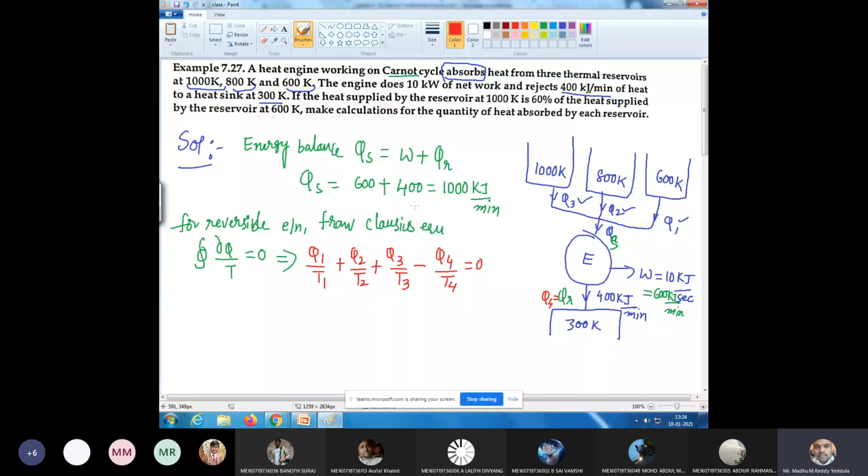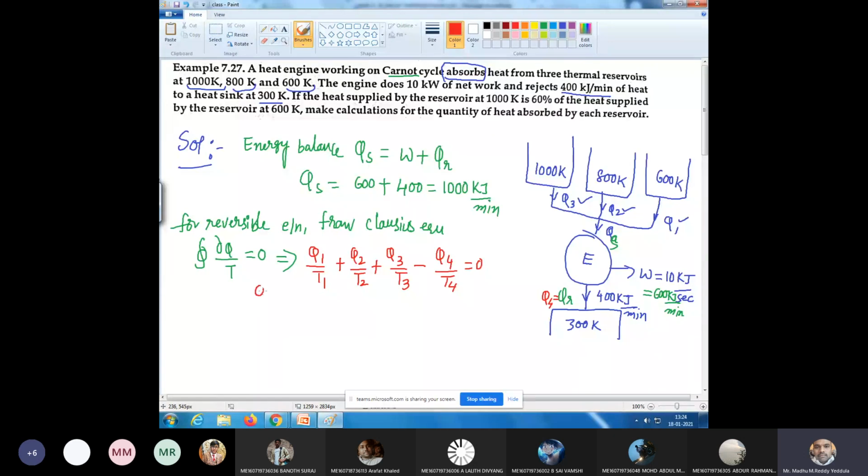Now what is Q1? Q1 is the heat supplied by the 600 Kelvin temperature reservoir.